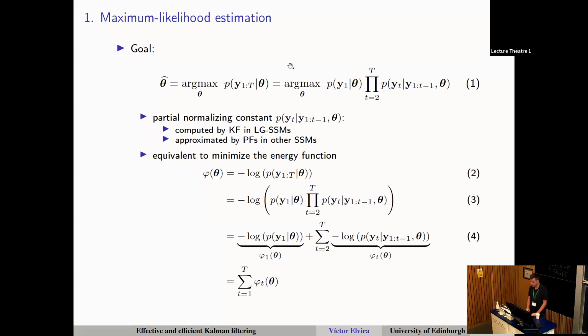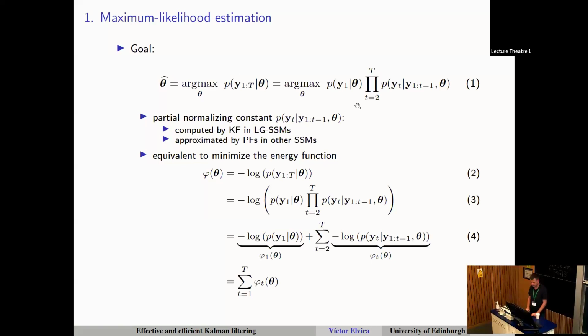Something you can always do, and this is not because of the structure of the model, but simply because of the standard factorization of any joint distribution, is to start with the marginal. I know that everything is conditional on theta, but think just of the y's. It's the marginal of y1, and then the conditional of y2 given y1, the conditional of y3 given y2 and y1, and so on and so forth.